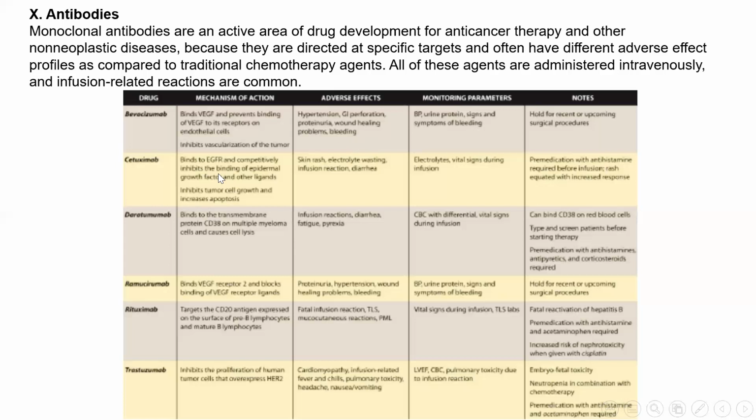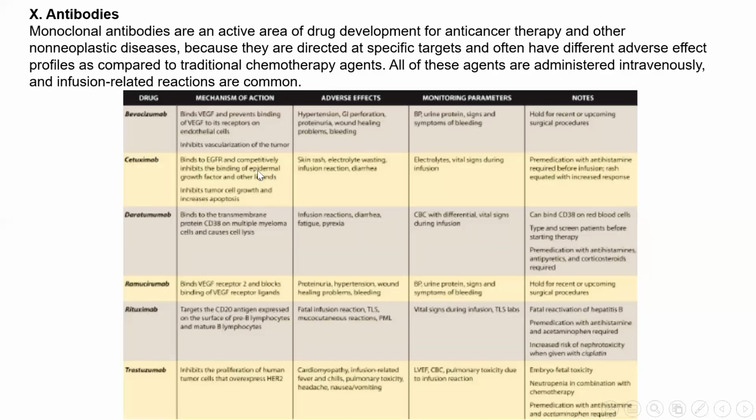Cetuximab targets a different target. This one is working on EGFR, epidermal growth factor receptor, and it is a competitive inhibitor of epidermal growth factors and prevents growth of the tumor, inducing apoptosis.